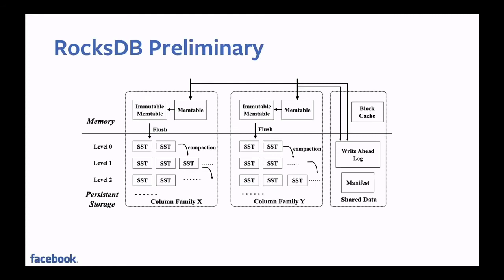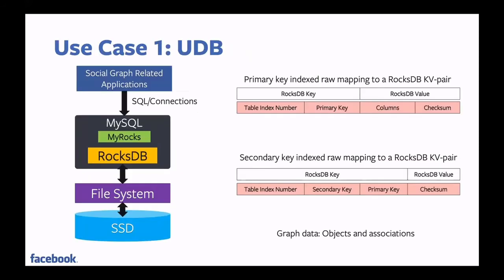Now I will introduce three major use cases at Facebook, how we use RocksDB to support the social graph and other data stores. The first use case is UDB. It is actually a very large, maybe the largest, MySQL database.